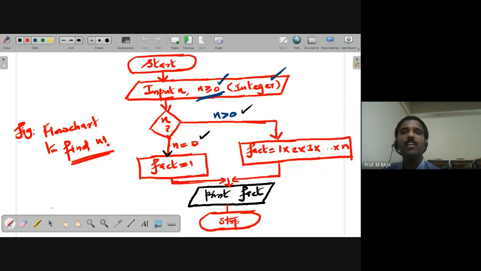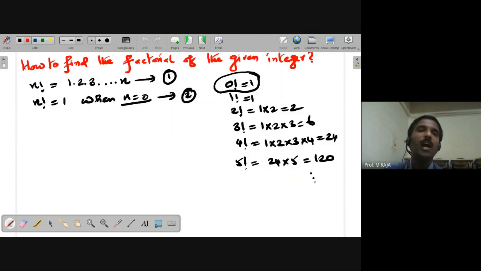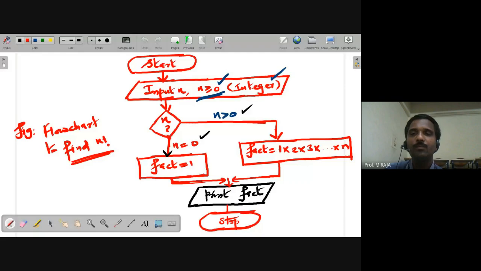Then the next line: if n is equal to 0, fact is equal to 1, else fact is equal to 1 into 2 into 3 into etc. n. Then print fact, stop. That is the algorithm to find the factorial of the given integer.